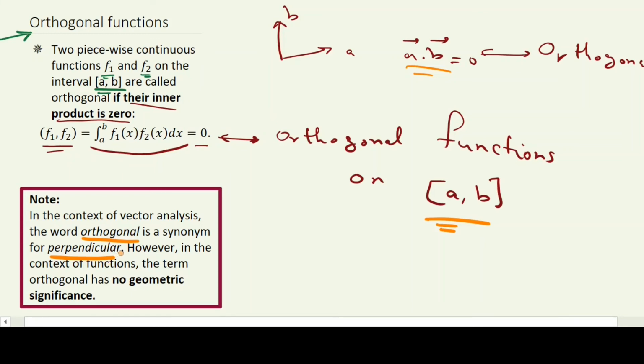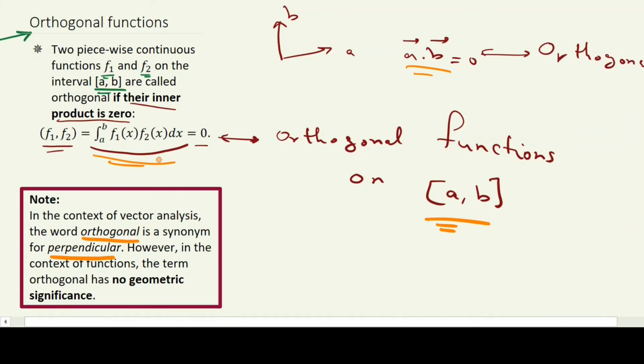But in the context of functions, there is no real geometric significance when we call two functions f1 and f2 orthogonal. It's just a definition. It means that the integral of the product of those two functions on interval a to b equals 0. That's it.